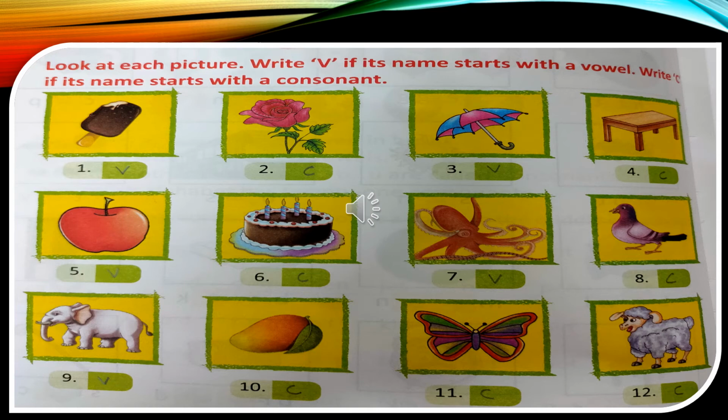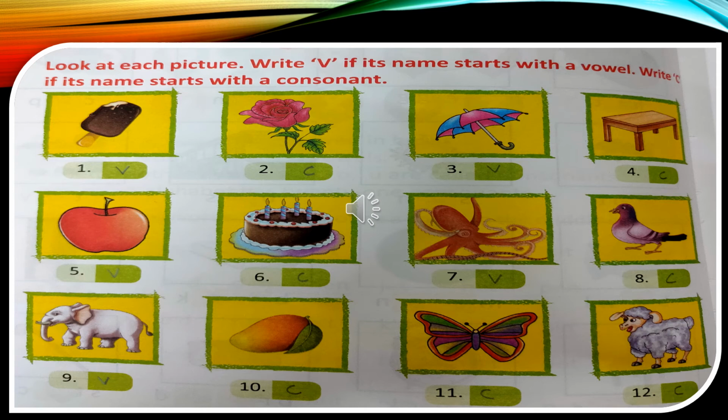Ice cream starts with I and I is a vowel, so we will write V. Rose starts with R, so it's a consonant, we have written C. Umbrella, again a vowel, U, so we have written V. Table, T is a consonant, so we have written C. Apple starts with A, a vowel, so we have written V. Number 6 is a cake.